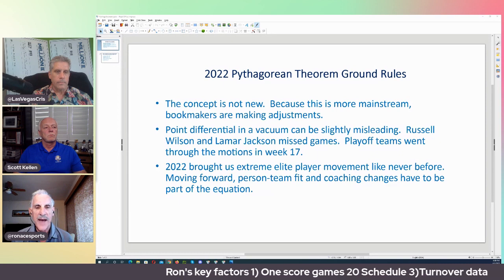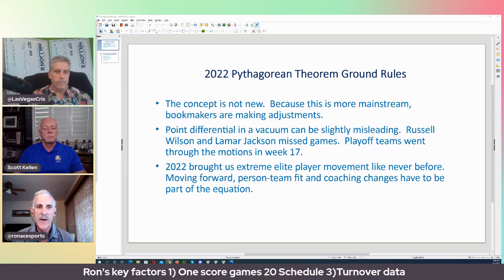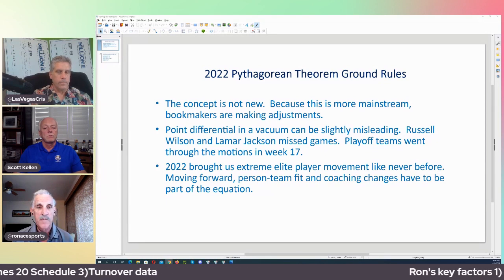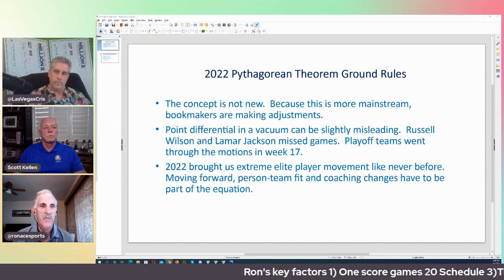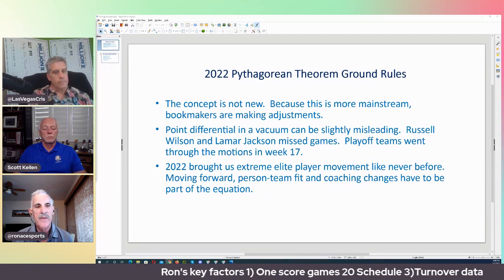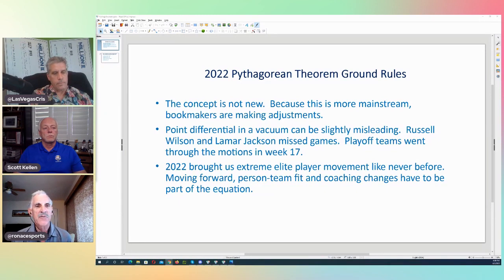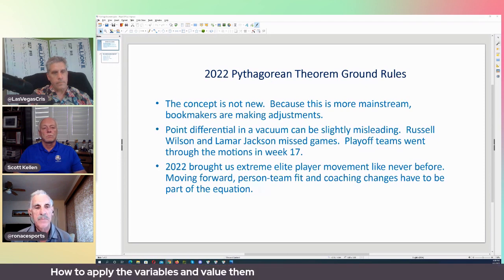How much did that factor in? And one other factor, and that's what was referenced a little bit by Scott, the one-score games. If a team went 2-5 in one-score games, what if you flipped it to 5-2? Would that make a difference? So every little thing adds a little incremental value to where I'm looking at as a starting point for the next season.